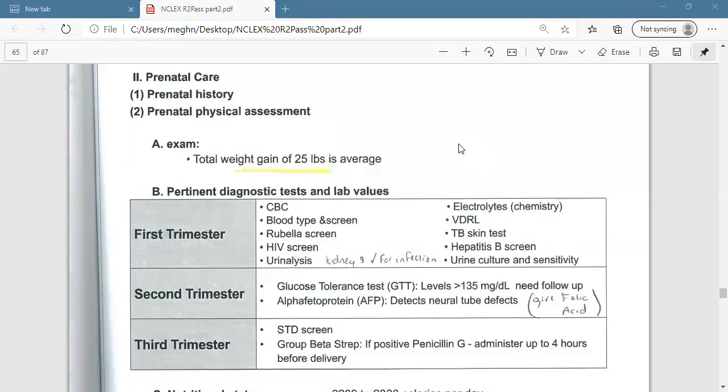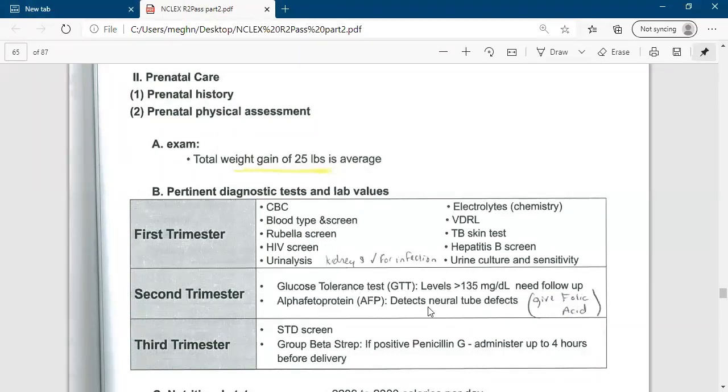So also, this table shows what laboratory tests you have to order for the patient, what laboratory diagnosis the mother needs. Second trimester: GTT and AFP, glucose tolerance test and alpha fetoprotein.